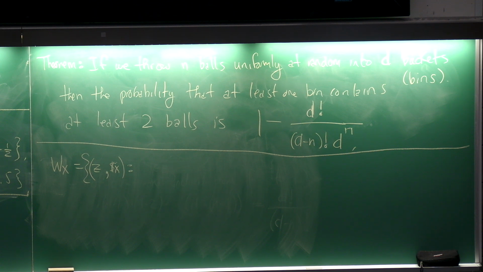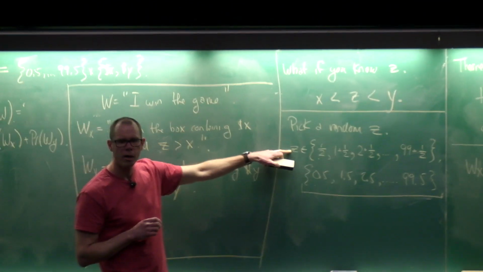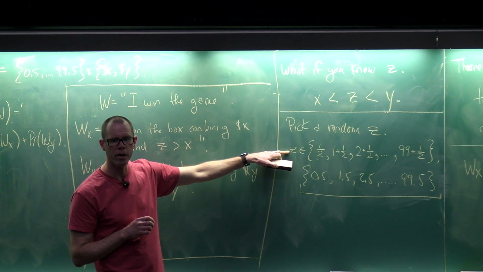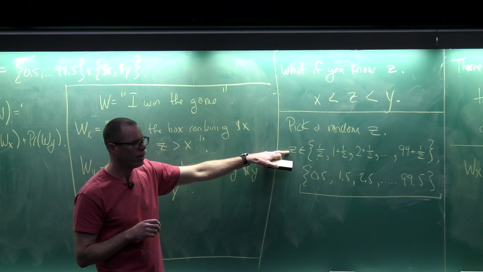So how many z's are there that are smaller than x? If x is 1, how many of these values are smaller than 1? 1. If x is 3, how many are smaller than 3? 3.